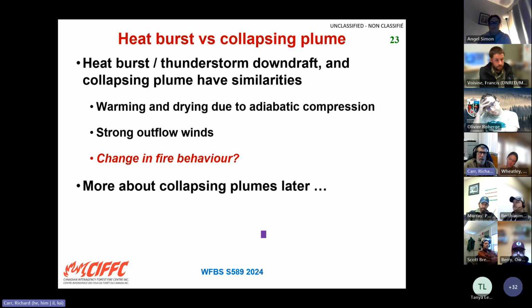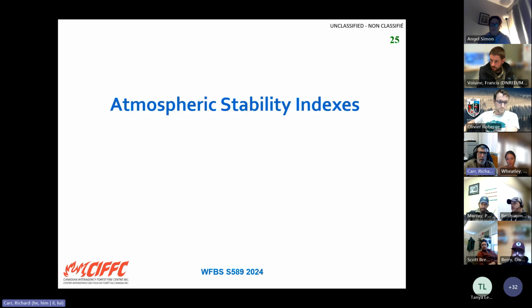Of course, with all that happening, the changes in fire behavior can be quite dramatic. So, besides changes in temperature and RH, you've got strong winds. You might change direction, might be quite erratic for a while as the thunderstorm passes. As you get around to the side or the back end of it, the wind direction will probably change. We'll talk a bit more about collapsing plumes a bit later.